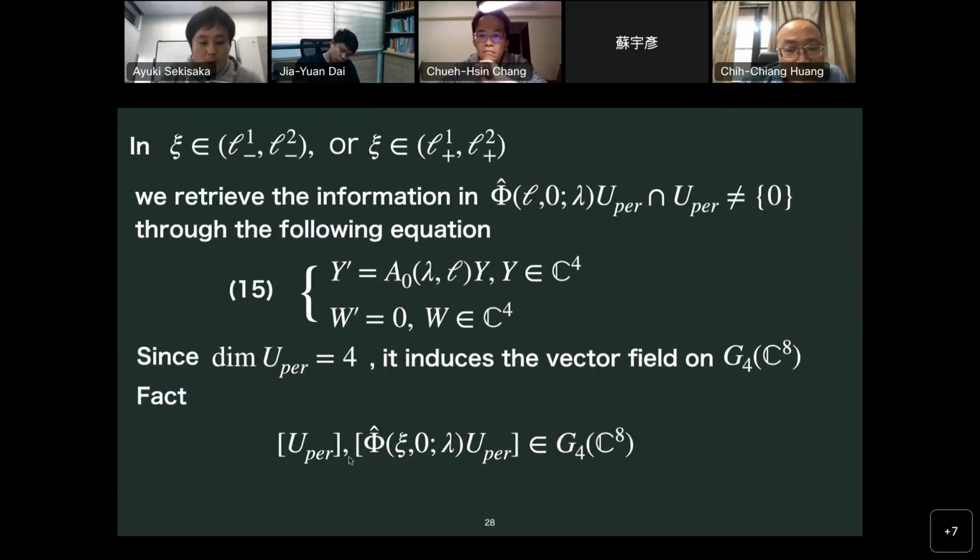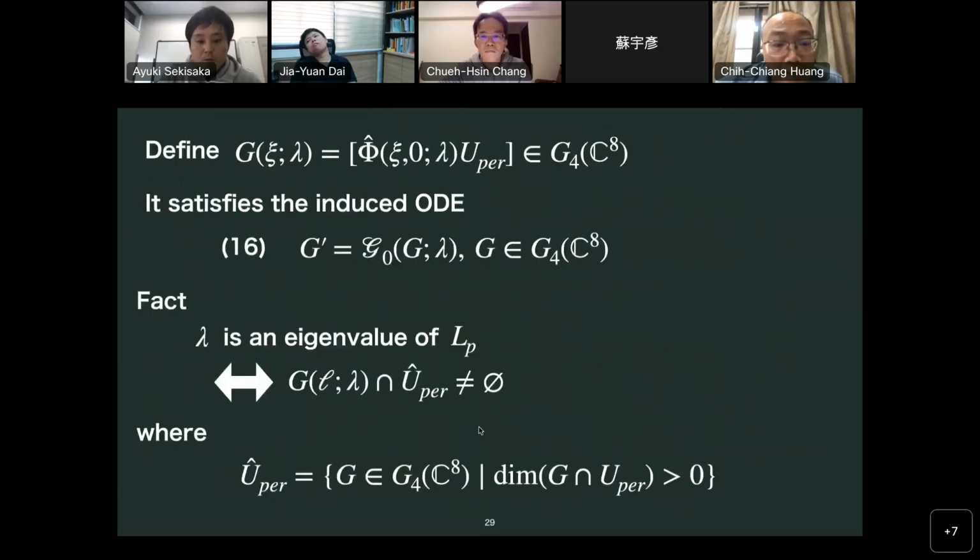So we remark that the boundary subspace of the periodic boundary condition is a point of the Grassmannian manifold. Okay, so define G, given by such a relation, in the Grassmannian manifold. It satisfies the induced ordinary differential equation on the Grassmannian manifold, equation 16.